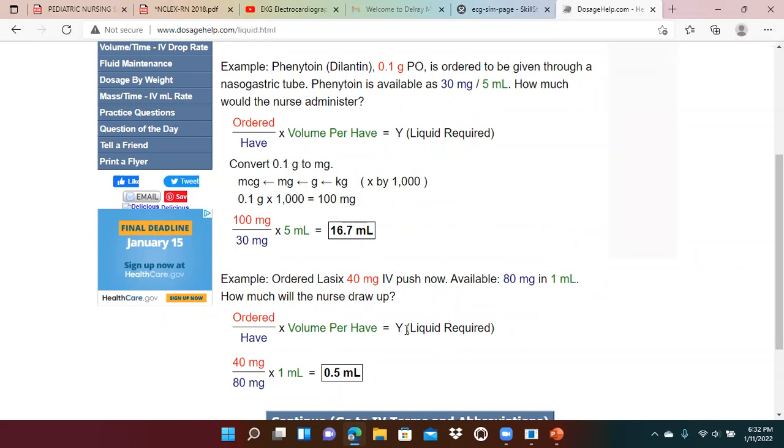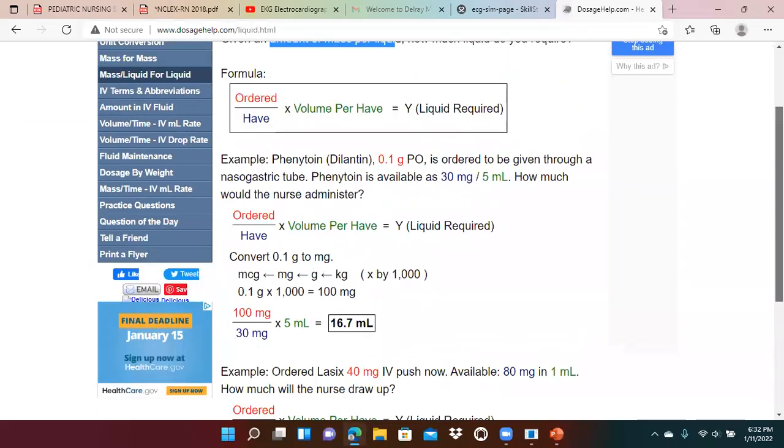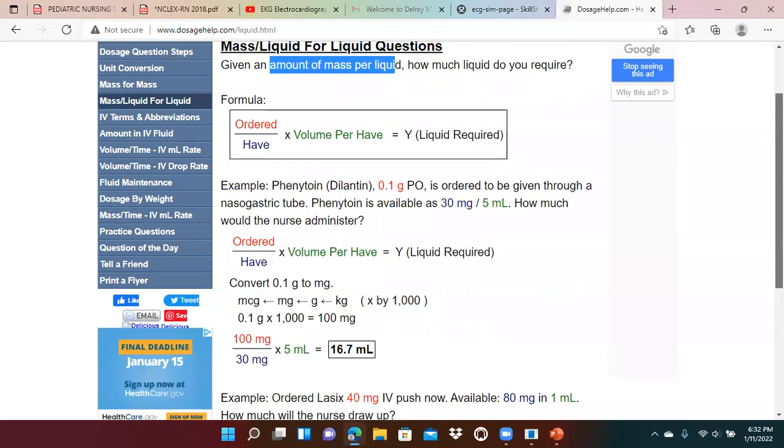So required medication in liquid equals doctor's order divided by medication available, multiplied by volume per have. So 40 milligram is the doctor's order, 80 milligram we have in hand, times 1 ml. It should be 0.5 ml. We need to administer that to the patient.